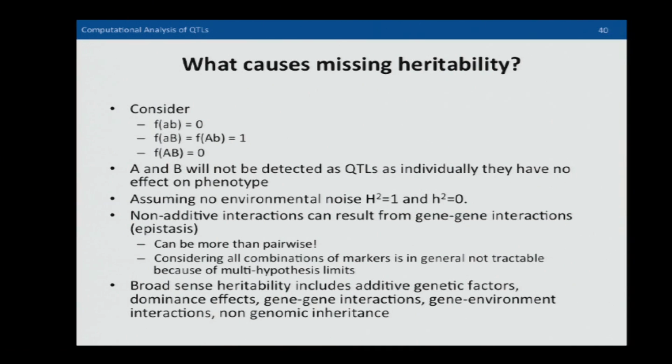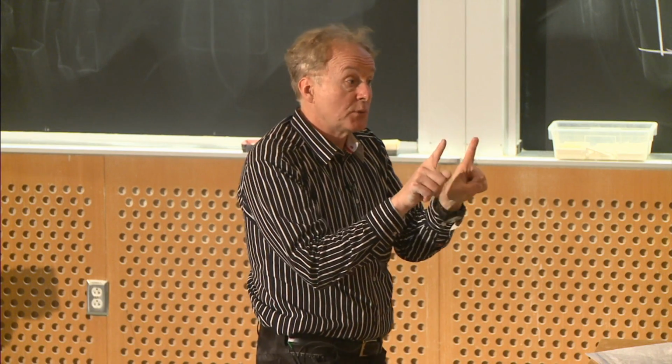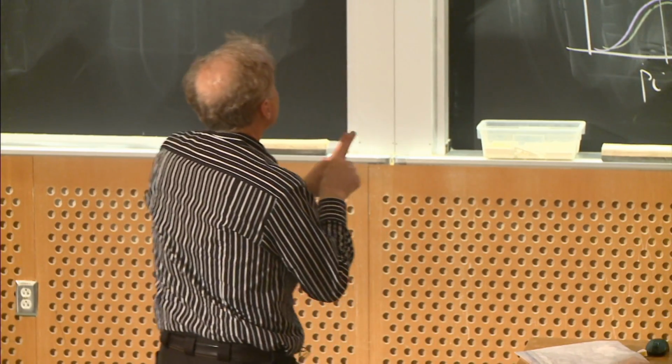epistasis is the case where you have nonlinear effects. A very simple example of this is that when you have little a and big B together, they both have an effect, but little a, little b have no effect, and big A and big B have no effect by themselves. So you have a pairwise interaction between these terms, right?